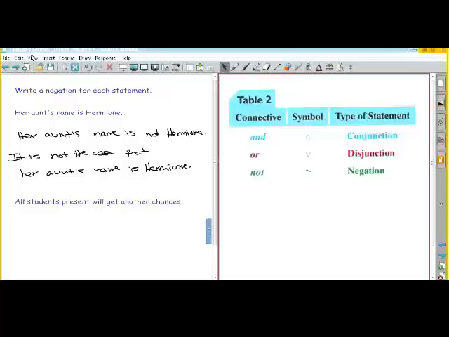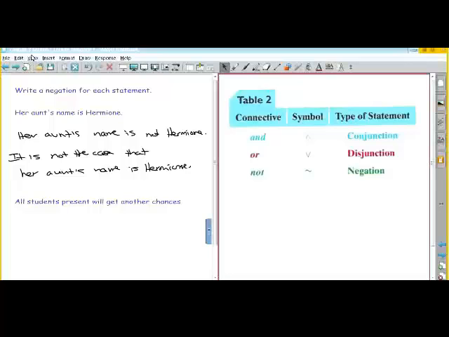In logic theory, we use and, or, not. For intersection, we use that upside down U-ish thing. Here we use an upside down V, which represents the word and. The V represents the word or. And the little tilde, or squiggly, represents negation, whereas in set theory we have the prime, which represented the complement.